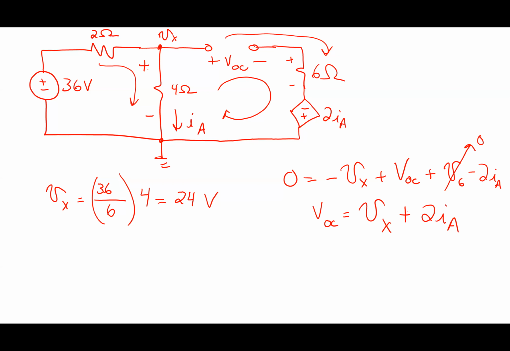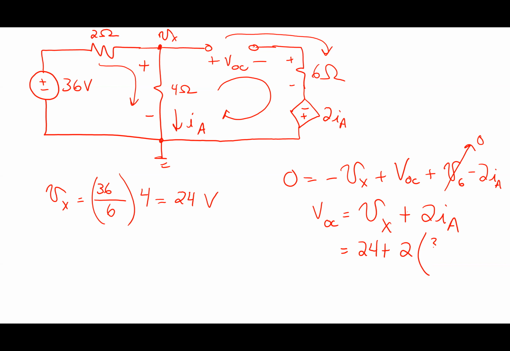All right, so Vx we already found is 24, so we're good with that. So in this case, I say this is 24 plus 2 times IA. What's IA? I already know what that is, don't I? What is that? The current in the 4 ohms, right? So what would that be?